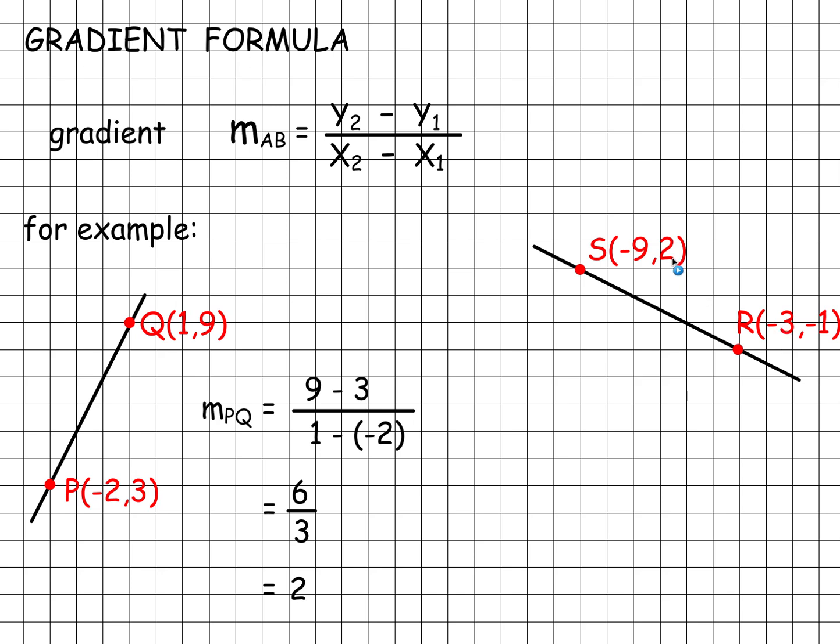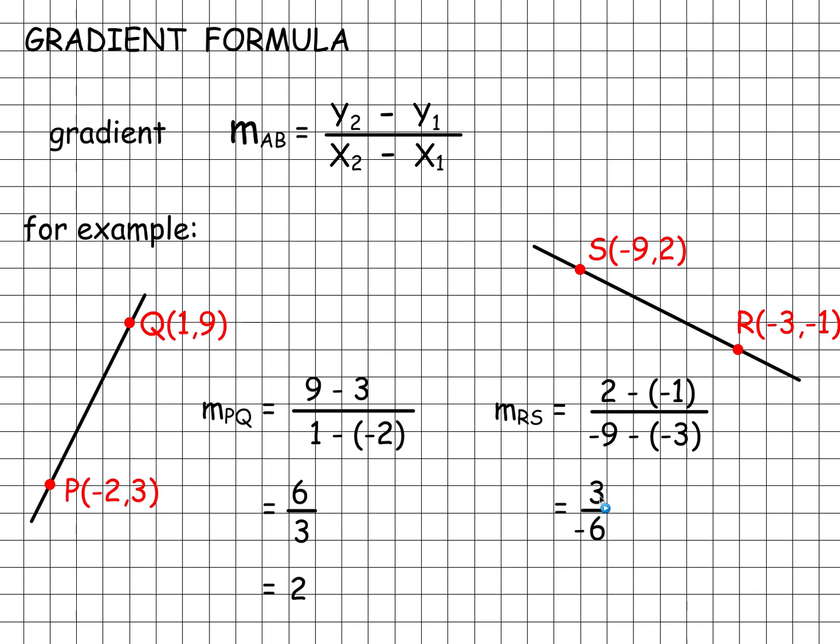Now 2 subtract -1 in the top is +3. -9 subtract -3 is -9 plus 3, which is -6. So by using the coordinates, it takes care of the fact that actually horizontally it's -6, not +6.